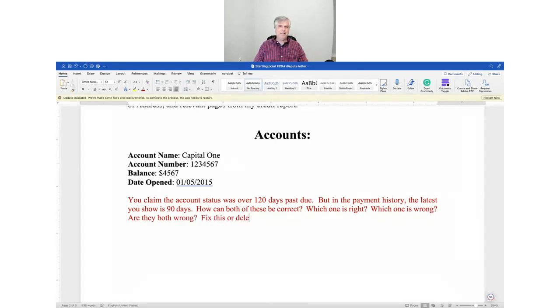Fix this or delete the entire account. Now, we've set up above, if you don't fix or delete every single error, you must delete the account. I sometimes like to literally put it after each error just to remind them, fix the account or delete the account, okay?